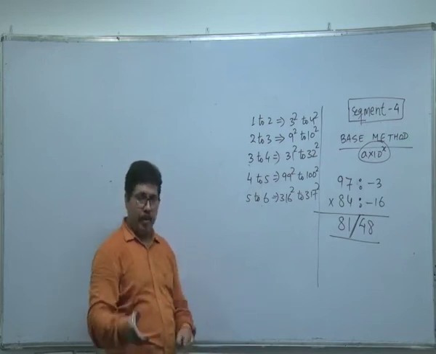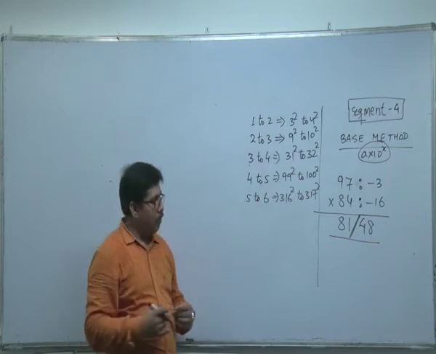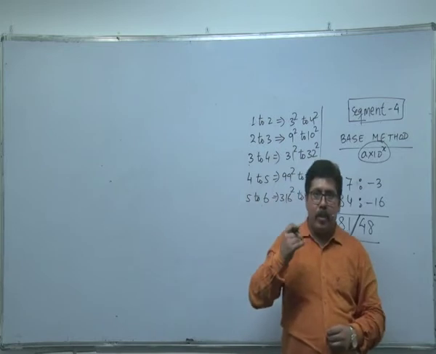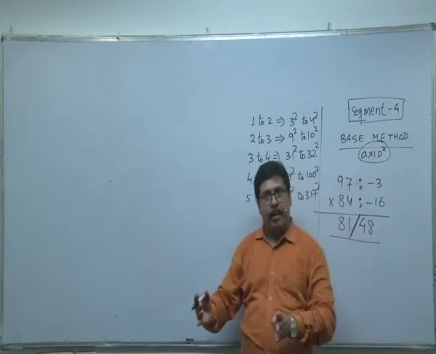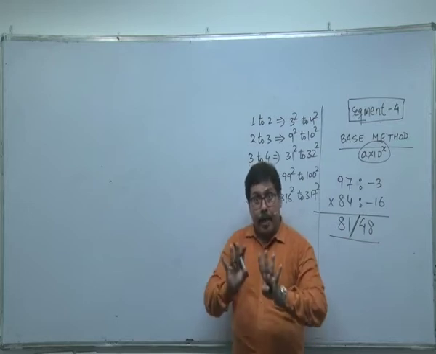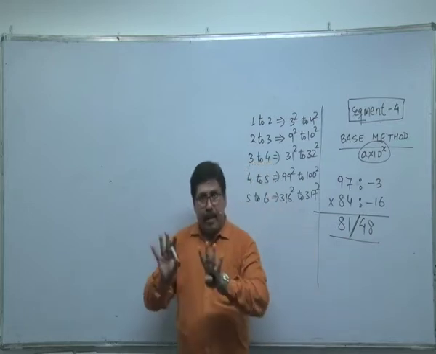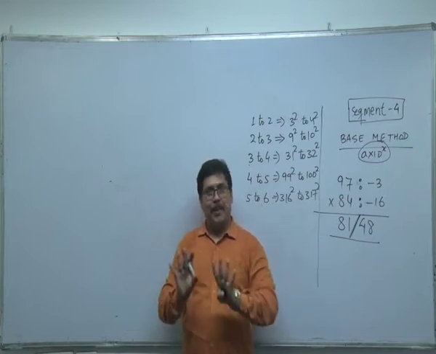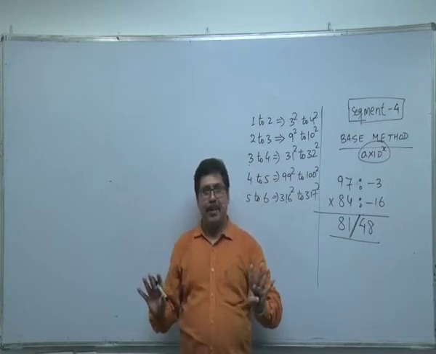Suppose my question is, I'm giving you one example. Find the number of natural numbers which are perfect squares and 5-digit numbers, or find the number of 5-digit perfect square natural numbers.